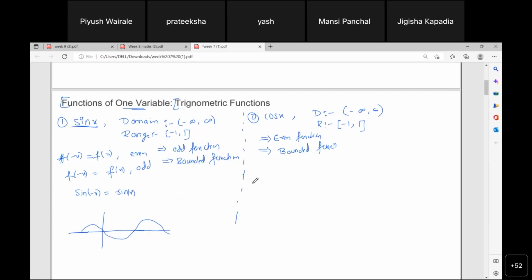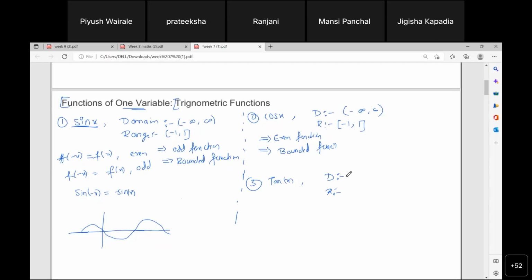Now, the third trigonometric function is tan of x. What is the domain of tan x, and the range?